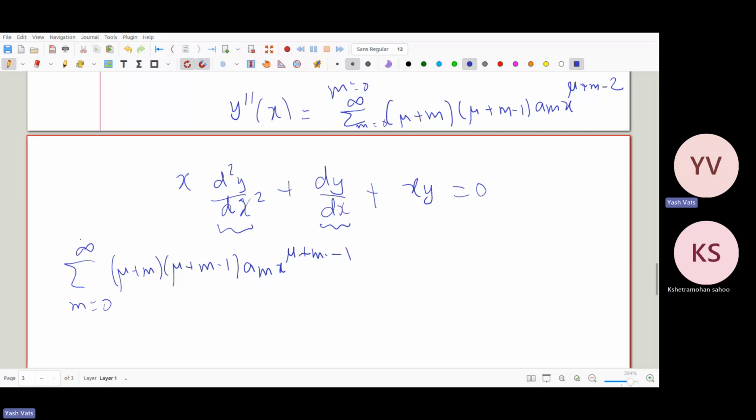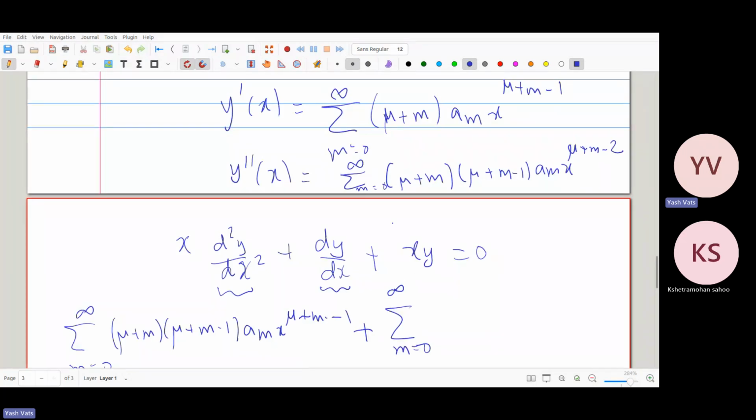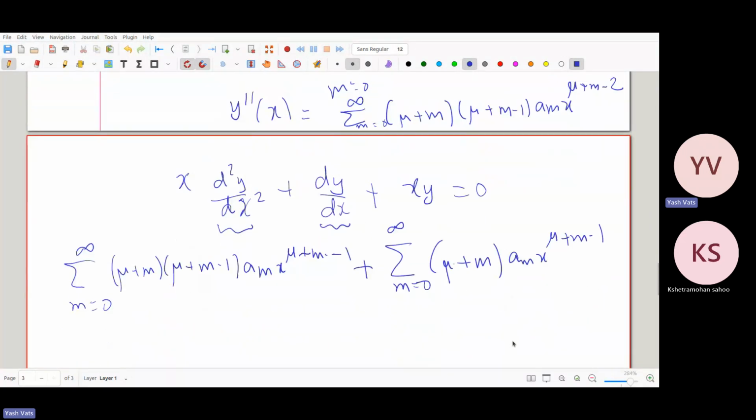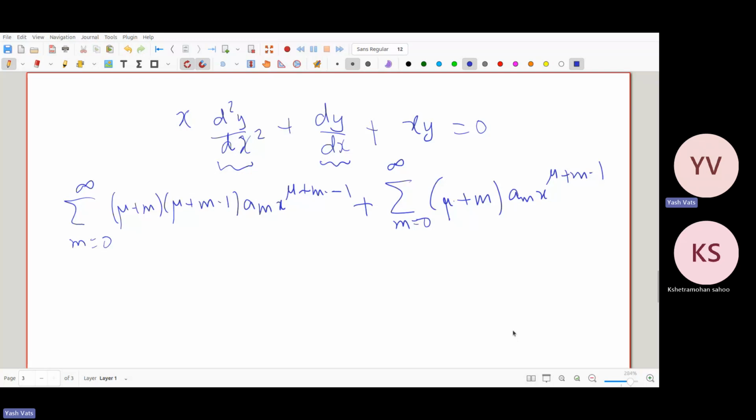That's a homework exercise, so I'm just doing it here so you can better understand. What is the summation m equals 0 to infinity? And y prime of x is this one, (mu plus m) a_m x to the power mu plus m minus 1, plus x times y.